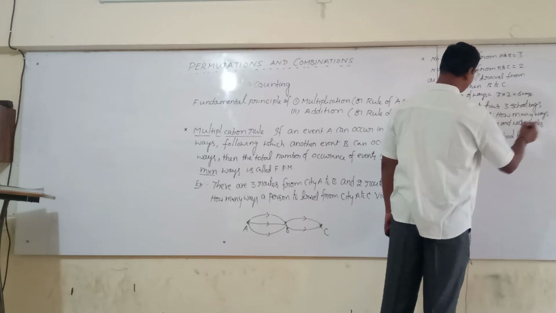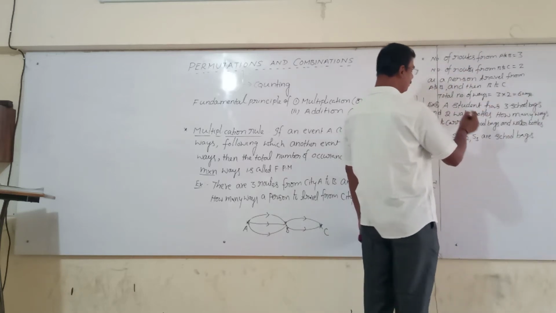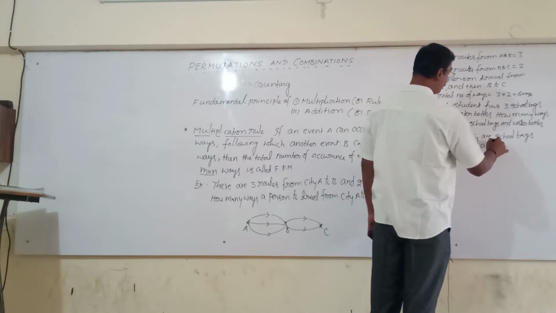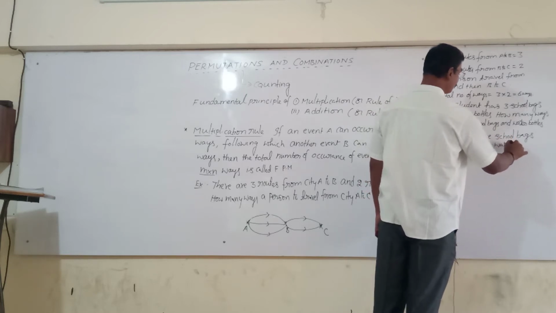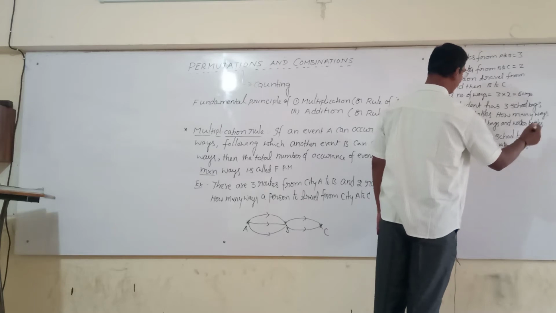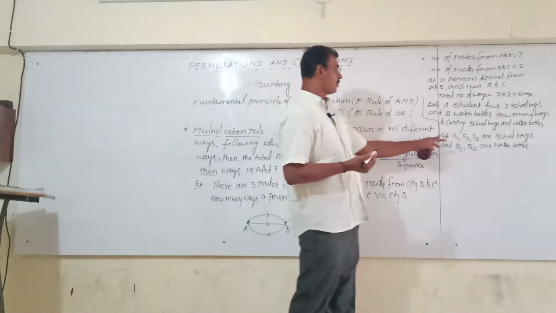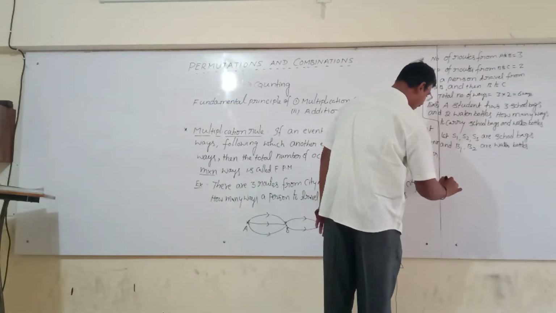And how many water bottles are there? 2 are there. So water bottles I am taking as B1, B2. Okay. Now, how many ways we have to choose? So, a student is there. So, I am taking student.